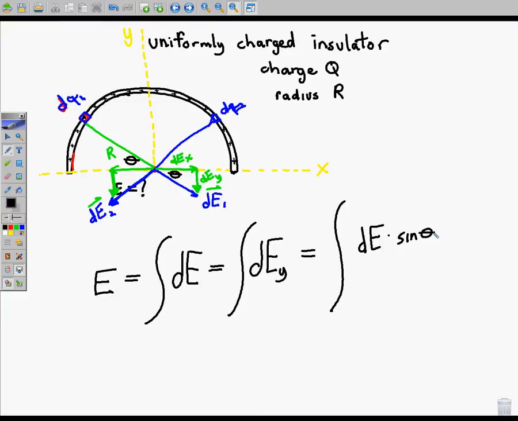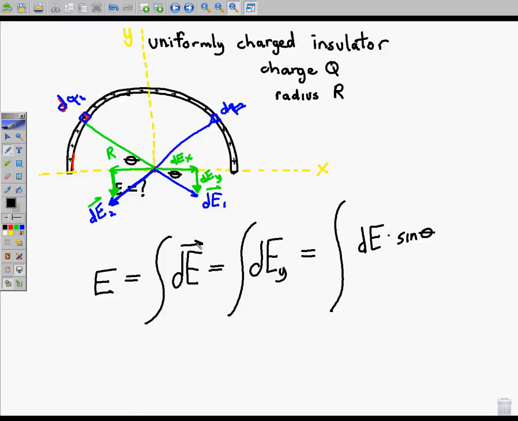And then again, you might be saying, oh look, there's a dE and here's a dE, but here we would have to put a vector sign. So this would be the vector sum of all the dEs, but we know what it's going to boil down to. It's just going to be adding up all the dEys. But what are all the dEys? Well, they're the total dEs times sine theta.